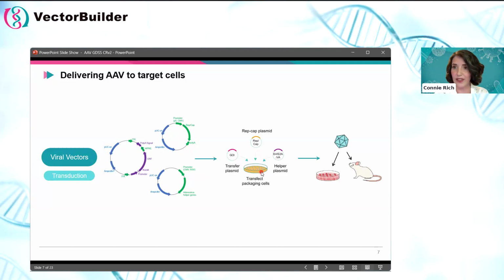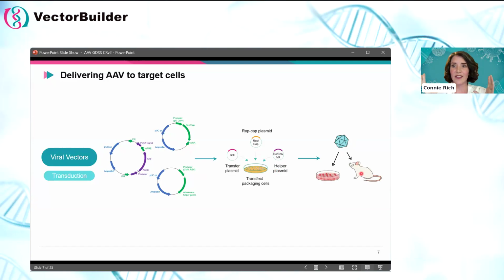These are HEK293T cells, and they create those AAV variants, those recombinant viruses. And then we can isolate and purify that AAV, and then we can deliver it straight to cells either in vitro or in vivo.